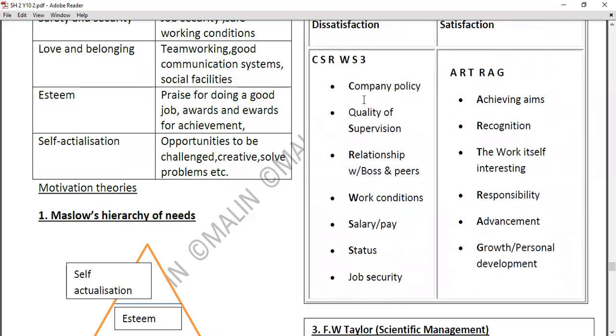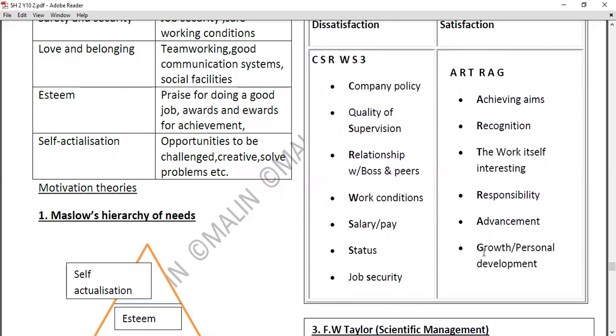C for company policy, S for supervision, R for the relationship with the boss and peers, W for the working conditions, and there are three S's, SSS: salary, safety, and job security. These are the hygiene factors, which, if we provide them insufficiently, people will be demotivated.